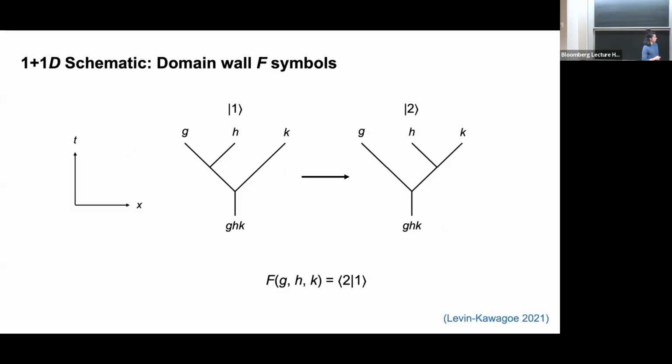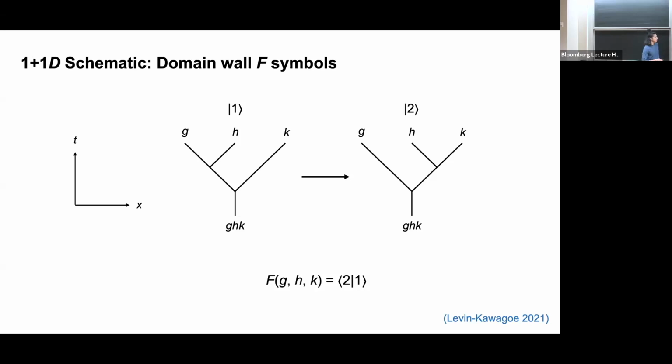Okay, so as I said, let me start with the 1+1 dimensional case. The basic idea in 1+1d is that domain walls are point-like objects, and they can fuse with one another, and they have F symbols, which describe the associativity of fusion.